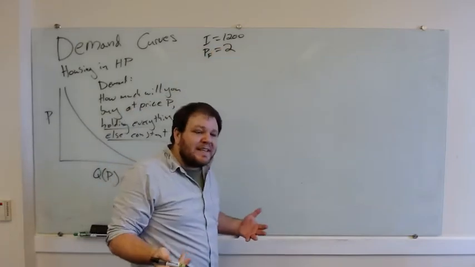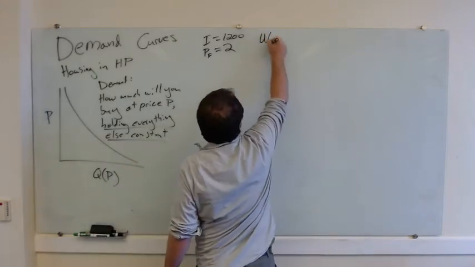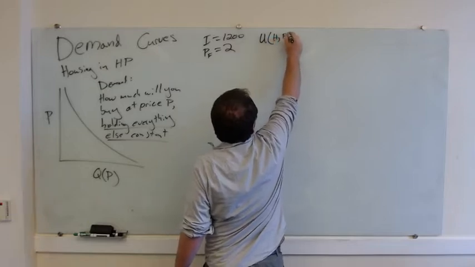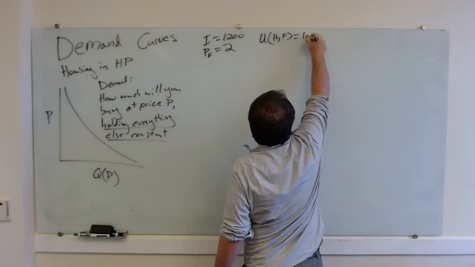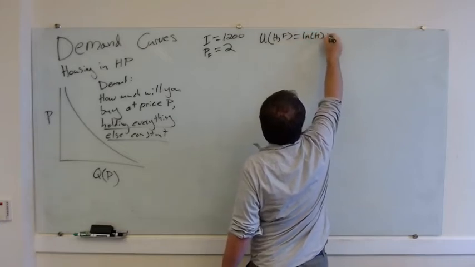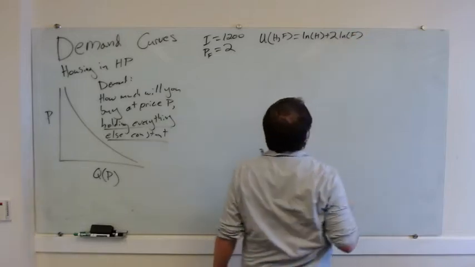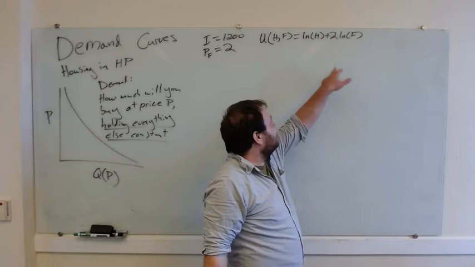And you've got preferences over housing and food given by the natural log of h plus 2 times the natural log of f, right? We're going to give you a Cobb-Douglas utility function as a function of housing and food.